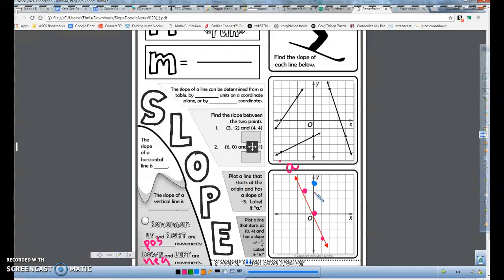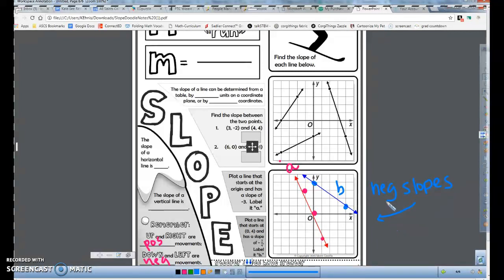Then it has a slope of negative 3/4, so I'm going to go down 3 over 4, like this. I can't really fit another point on that graph, so I'm going to go ahead and draw my line. And that would be line B. The two lines that we just did, A and B, both have negative slopes, because they start higher and go lower.